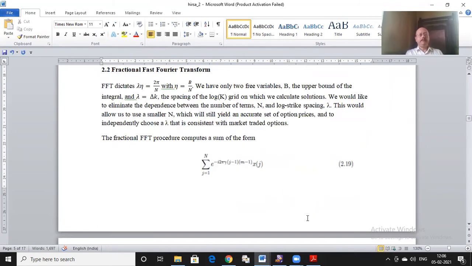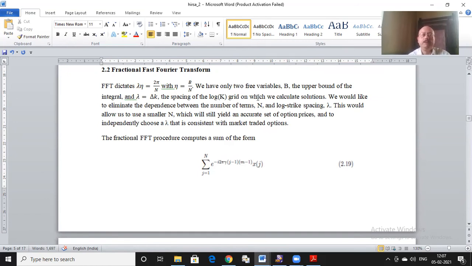So there is an alternative to fast Fourier transform, which is called fractional fast Fourier transform. What does it do? So as I said, fast Fourier transform dictates that lambda eta must be 2 pi by n and eta must be b by capital N. So we have only two free variables.